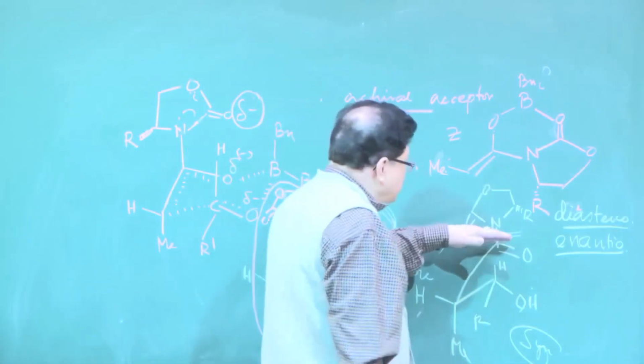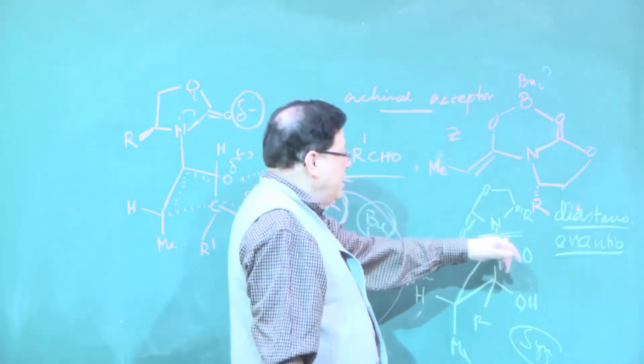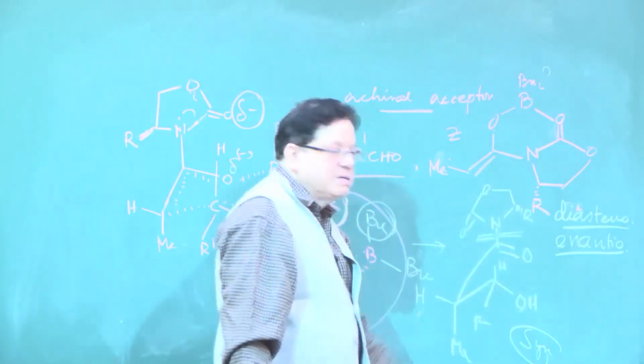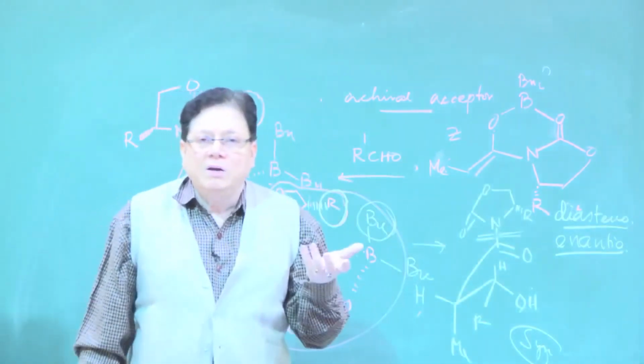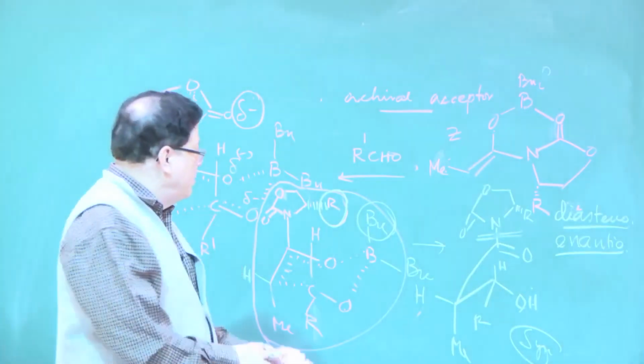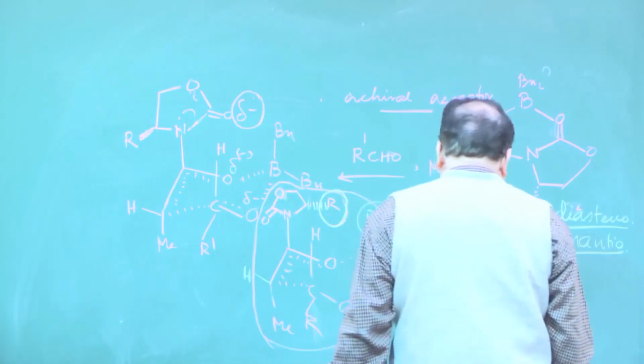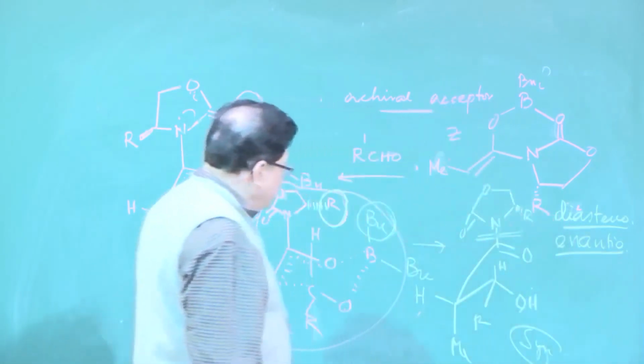Evans has shown that this chiral auxiliary comes off, the product becomes an acid, and you can recover the chiral auxiliary and reuse it. That is one of the brilliant ways of doing this.